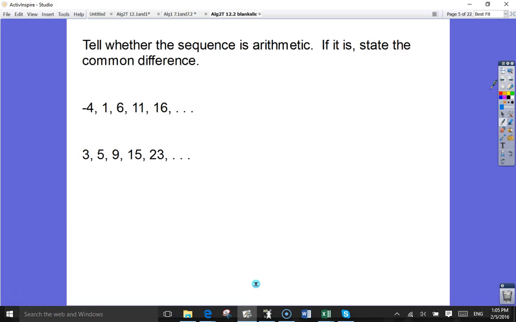All you can do is just start subtracting. 1 minus negative 4 is 5. 6 minus 1 is 5. 11 minus 6 is 5. 16 minus 11 is 5. So there is a common difference, therefore it's arithmetic.